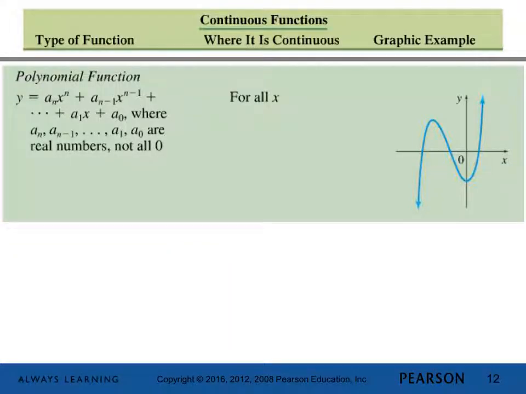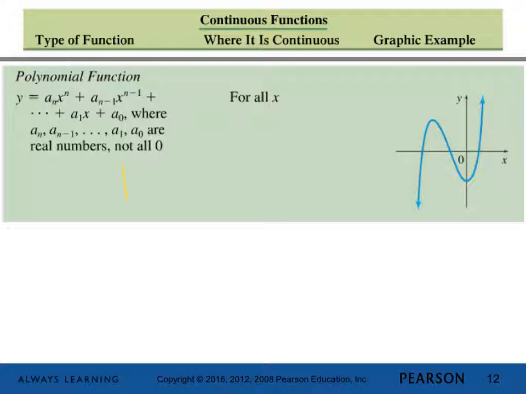So we're going to review some functions here and talk about where these functions are continuous. This particular function is a polynomial function. I'm going to give you some examples of polynomial functions just to remind you.